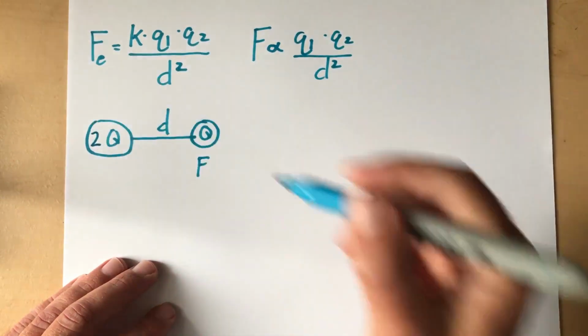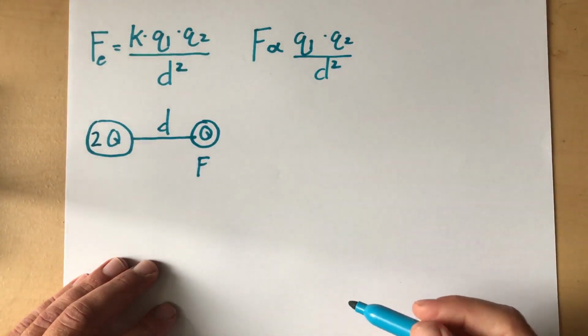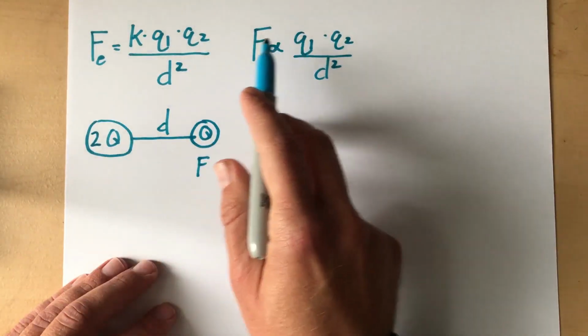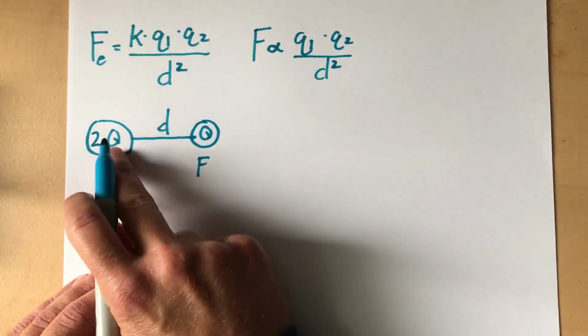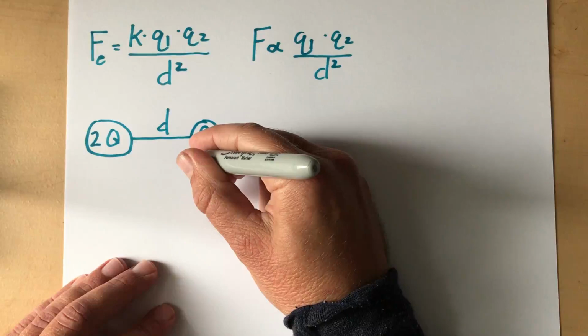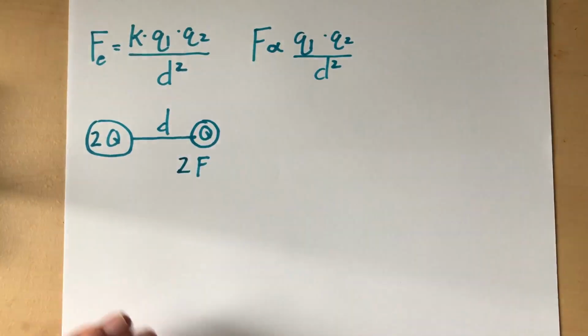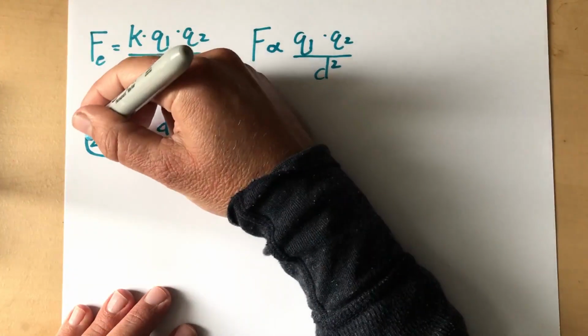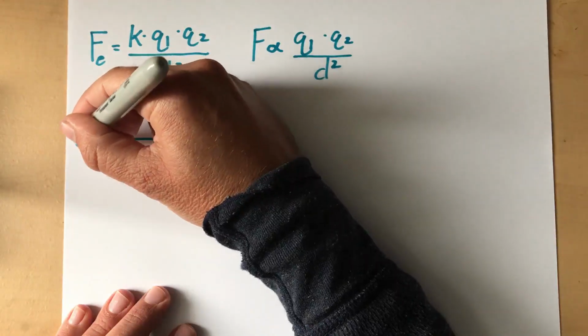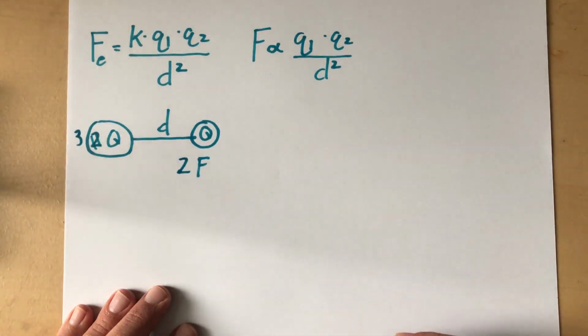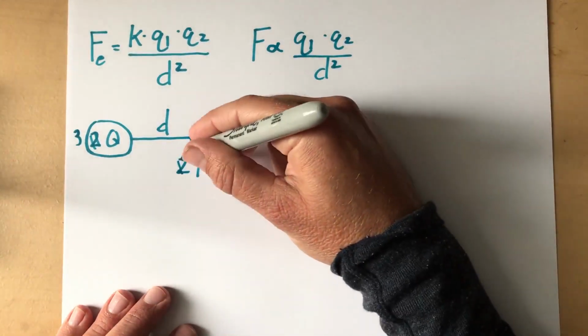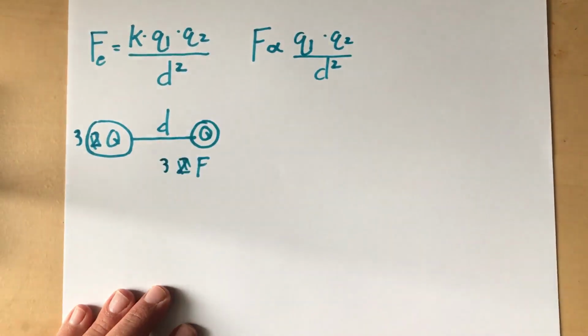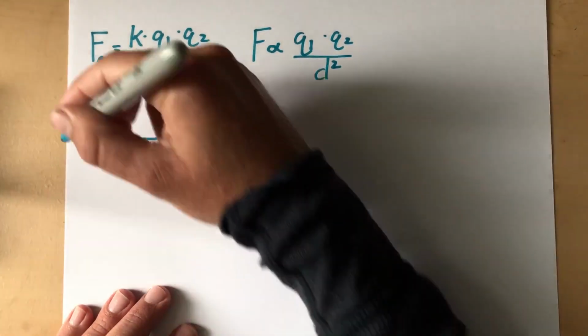What if we change that charge to 2Q? Well, whatever you do to charge 1, that's what you do to the force. So since you doubled charge 1, we would double the force there. If instead we had said, oh no, we're going to triple this one, it's going to be 3 times the charge, well, then it would be 3 times the force there.